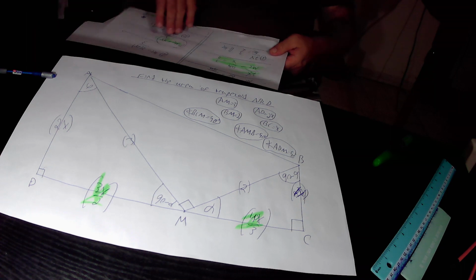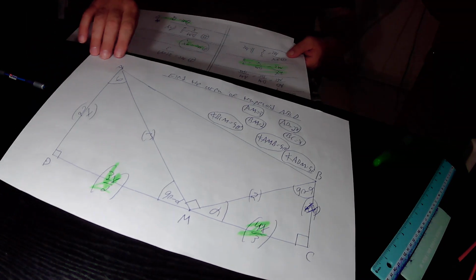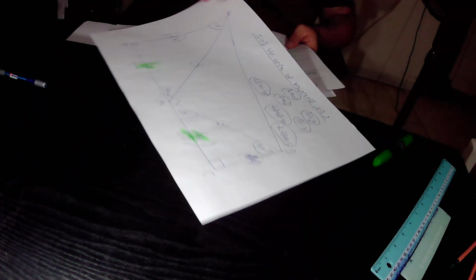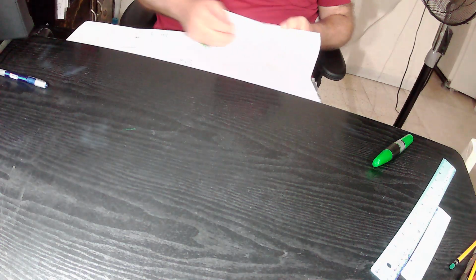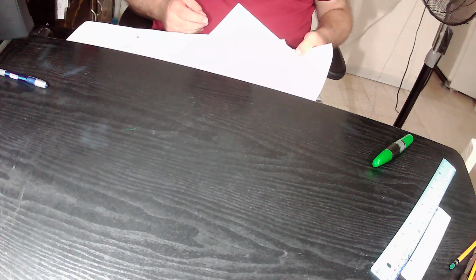But before that, I repeat again the definition of a trapezoid. A trapezoid is a quadrilateral with one pair of parallel sides.